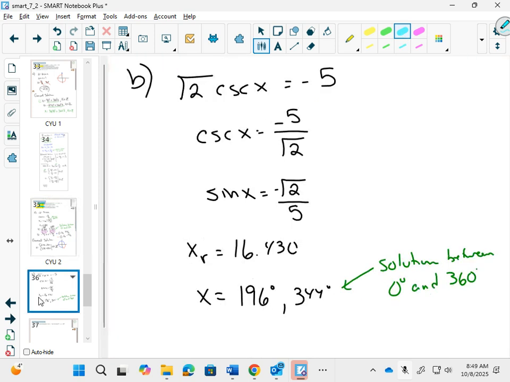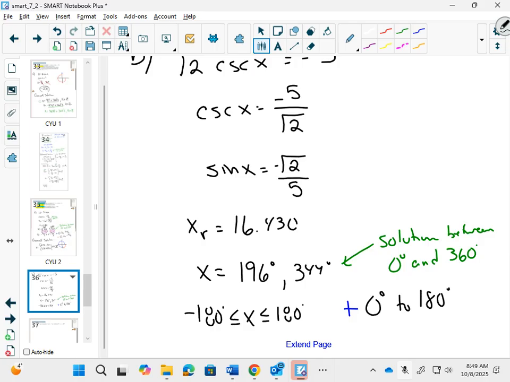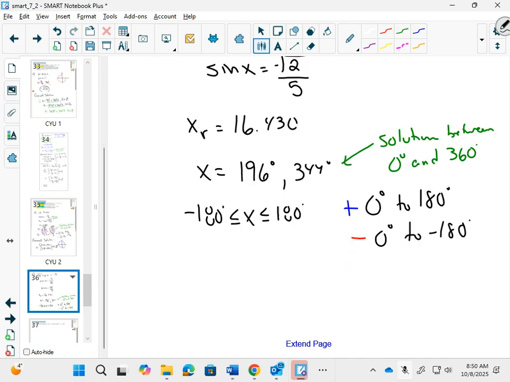So let's just think about what that domain means. Again, I would think positively that's 0 to 180 degrees, negatively that's 0 to 180 in the negative direction.